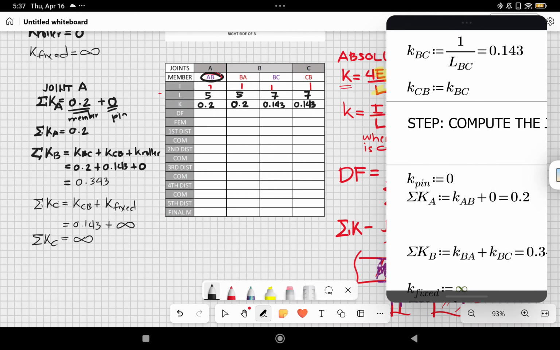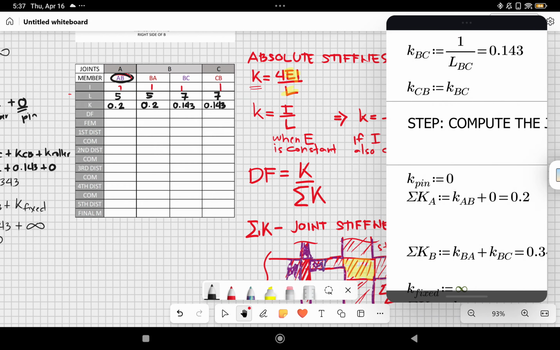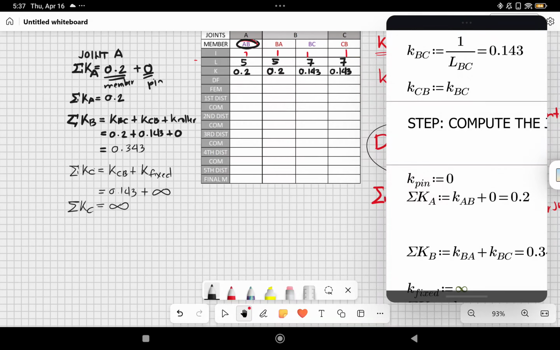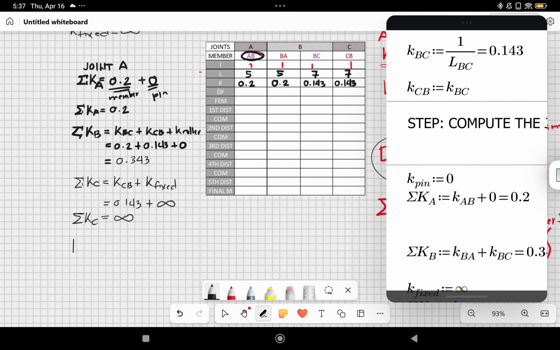Now, the distribution factor is defined as K over summation of K. So if we assign a value for each member, DFAB, that is KAB over summation KA.